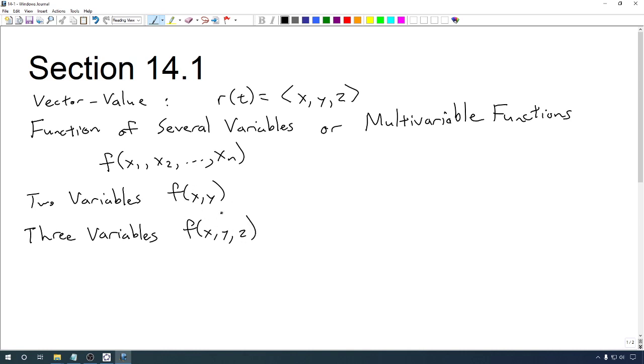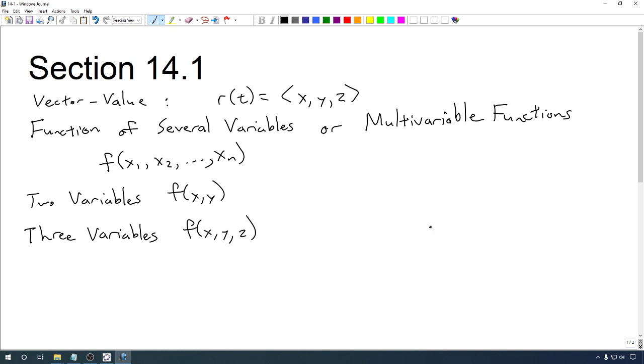And it'll turn out that functions of two variables are fairly easy to work with. Functions of three variables are still kind of important, but they're going to be a little bit trickier to work with. That mainly has to do with how things will be graphed later on, and we'll describe how that works.